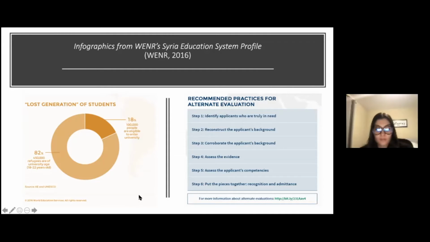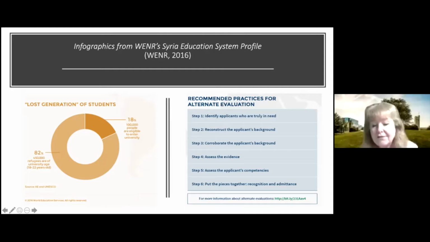And so there have been recommendations for alternate evaluation that included, for example, reconstructing their background, corroborating their background, and assessing their competencies, because it's of the utmost importance that they be allowed in for higher education, because when they move back and the country is undergoing reconstruction, their knowledge is really going to help with things.